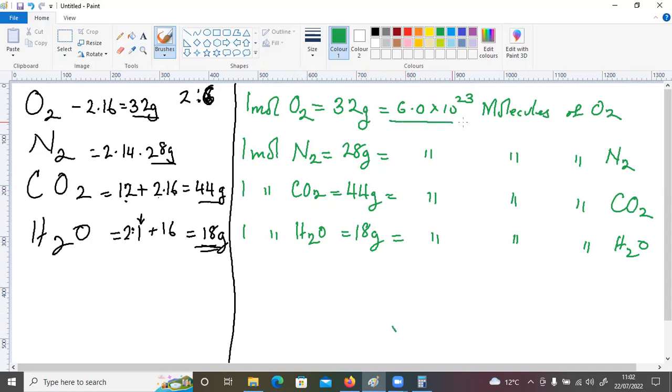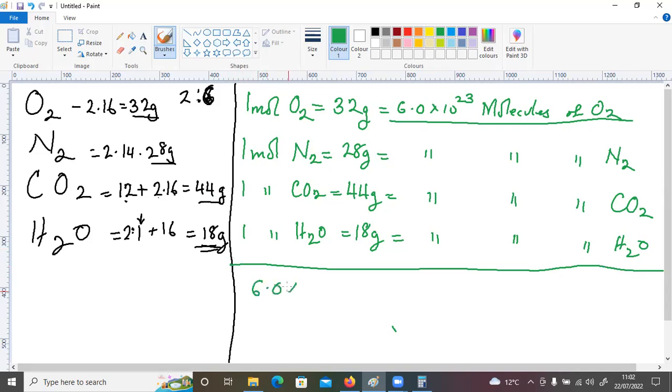Molecules of oxygen. What does this mean? Why do I have to be a little bit careful here? It is because when I say 6.0 times 10 to the power 23 molecules of oxygen, you realize that each molecule of oxygen has 2 oxygen atoms.